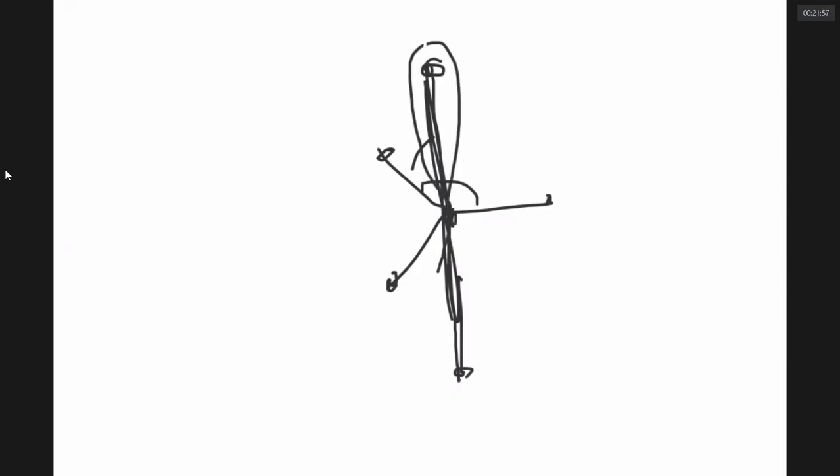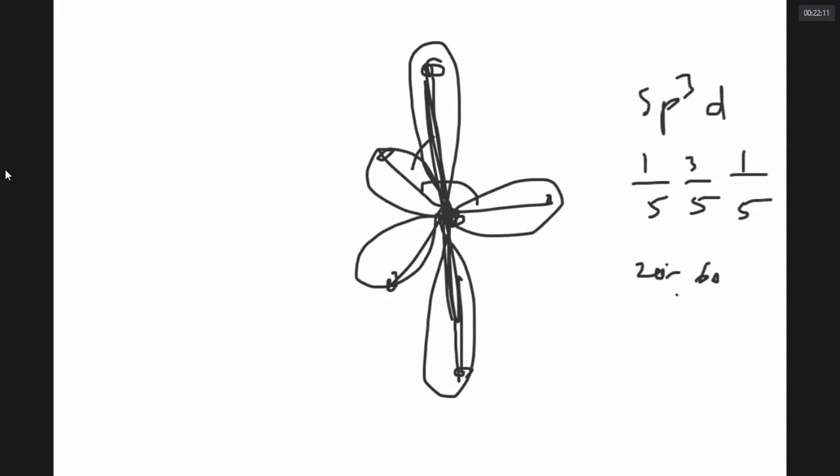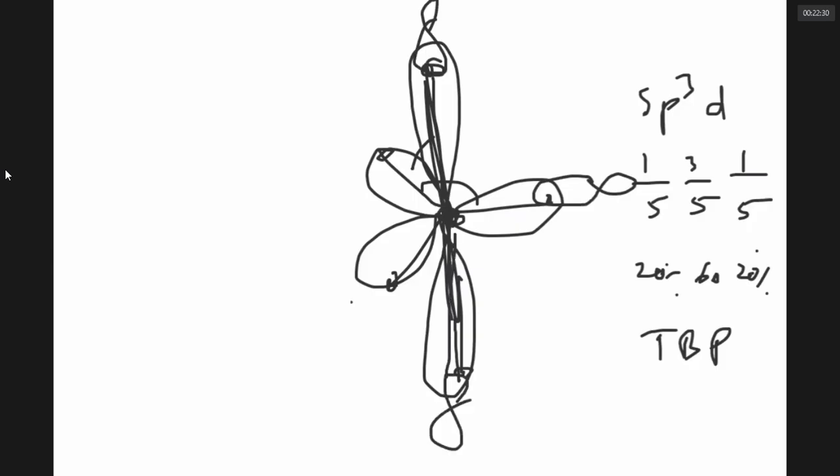So these are sp3d hybrid orbitals. They have 1/5 s character, 3/5 p character, 1/5 d character: 20%, 60%, 20%. And the shape of the molecule is trigonal bipyramid if all are making bonds, as in PCl5. In PCl5, each sp3d orbital overlaps with a Cl p orbital, forming sigma bonds.